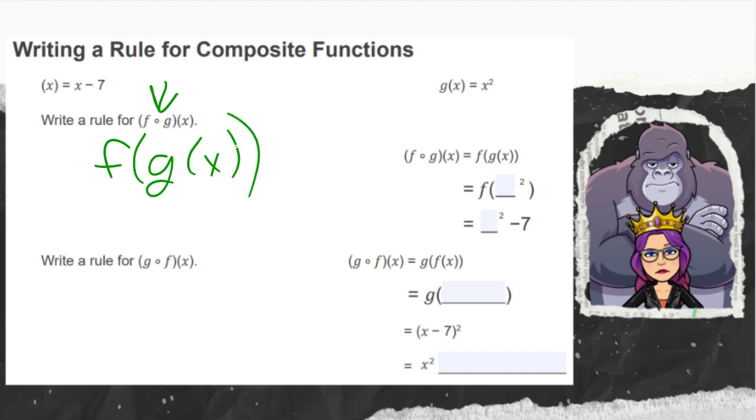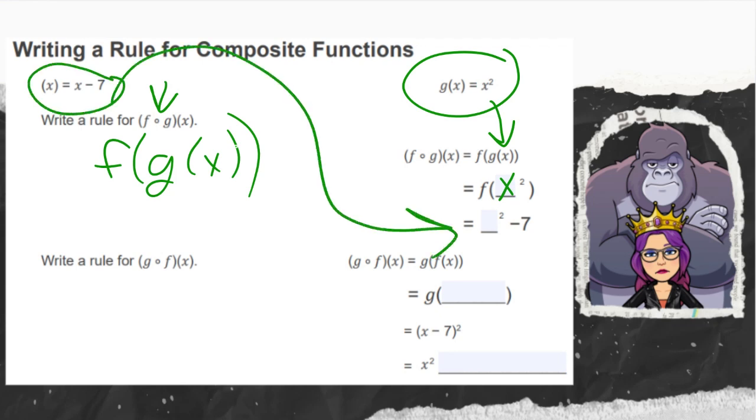Here we have g(x) is x squared. So when we put it in our equation, we're going to put it in for x here. So this is going to be x squared. This is the equation that we're using right here. So g(x) goes in for x.